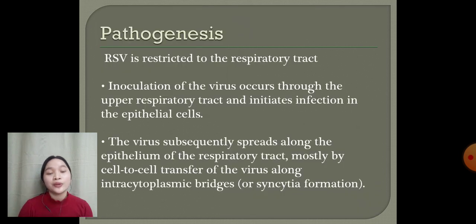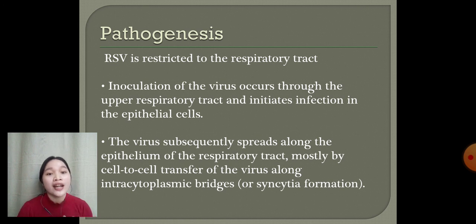Next, punta naman tayo sa pathogenesis. RSV is restricted to the respiratory tract. Yung RSV natin, tinatarget niya yung respiratory tract lamang natin. Inoculation of the virus occurs through the upper respiratory tract and initiates infection in the epithelial cells.